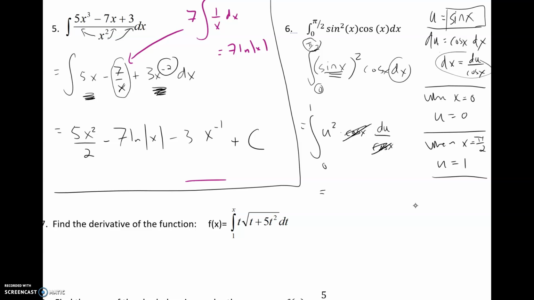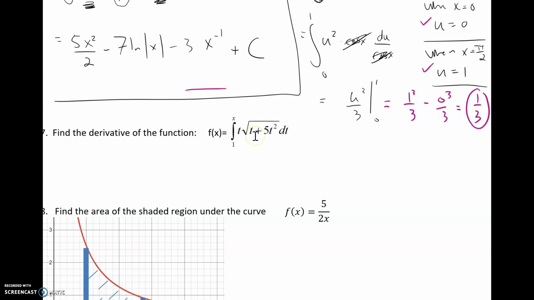I integrate u squared du, so that's u cubed over 3, and I don't have to worry about the original bounds 0 and pi over 2 anymore, because I already took care of that. Now I took everything to u, so all I have to do is plug stuff into u. So my answer would be 1 cubed over 3 minus 0 cubed over 3, which is a little bit of overkill. My answer should just be a third.